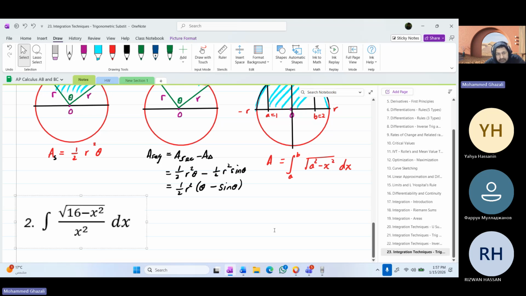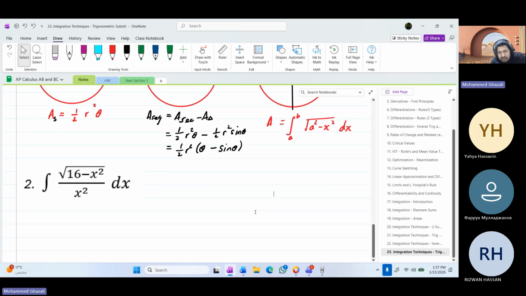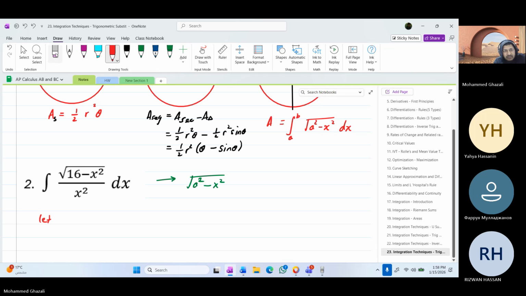Look at this form now. Right, so this form is also the same as the above form. What's the form of this integral? Only identify the square root form, which is a squared minus x squared. So we're going to say, let me do this thing here on the side, let x be equal to 4, because the square root of 16 is 4. 4 squared minus x squared.